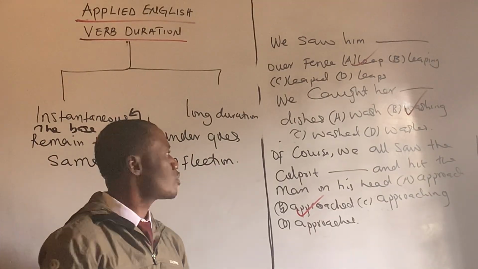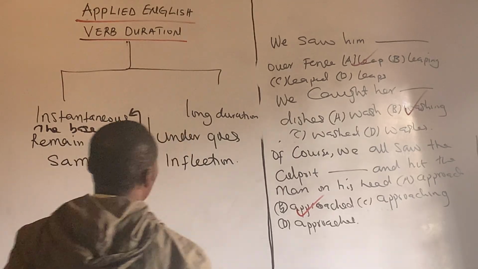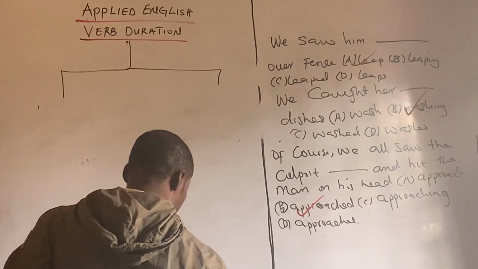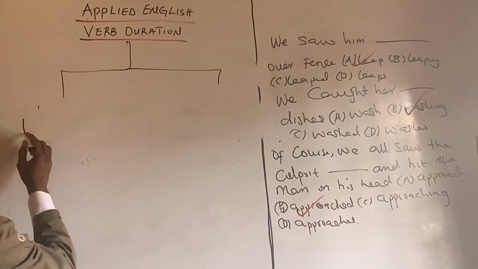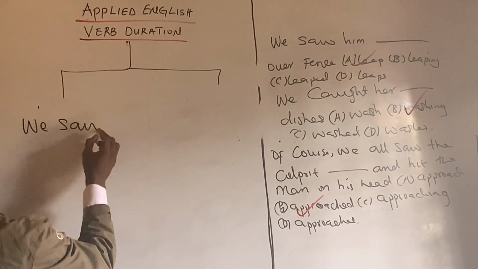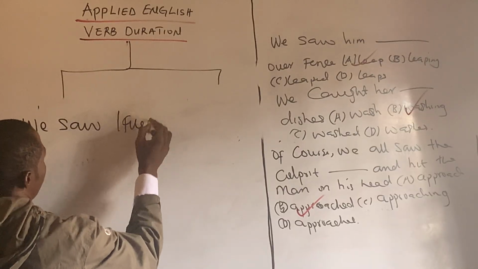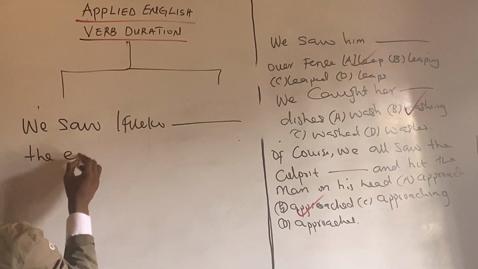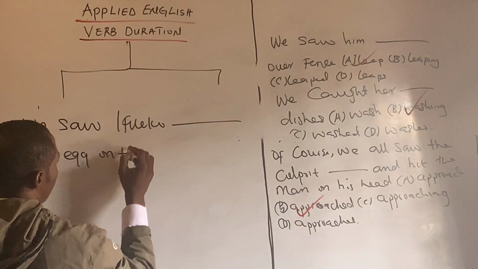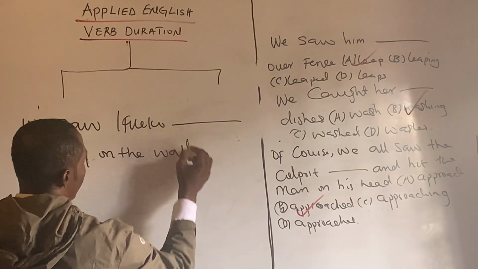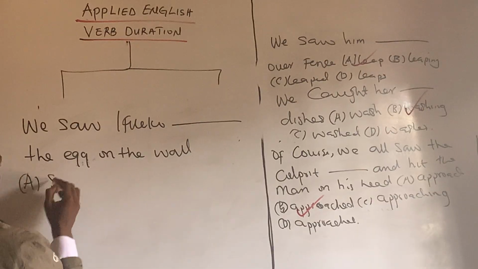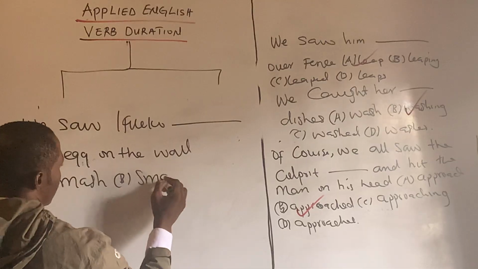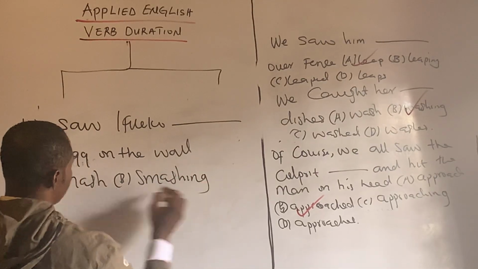That's the answer there. All right, now let's see whether we can give one more question. We saw Ifeko dash the egg on the wall. A, smash. B, smashing.